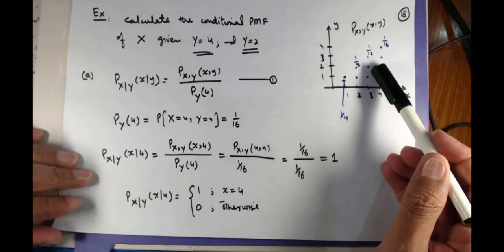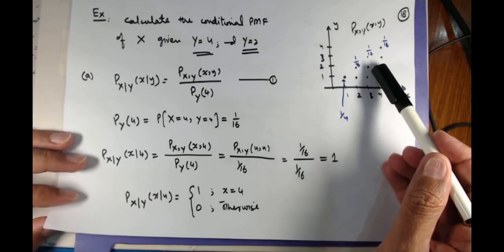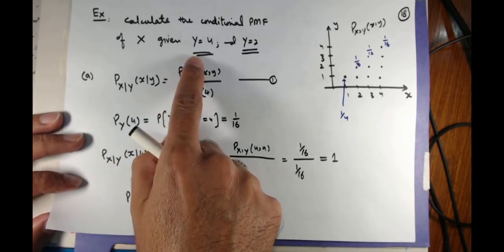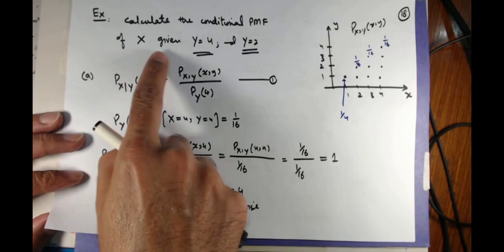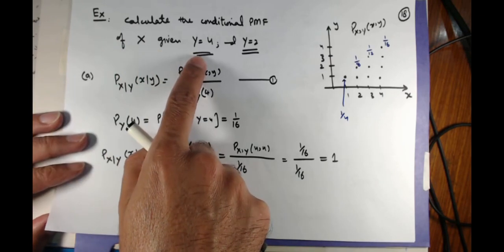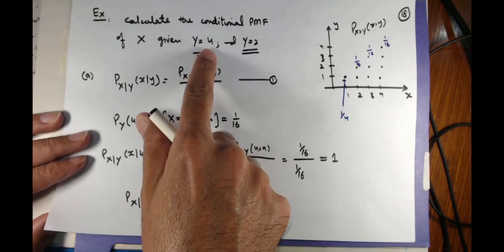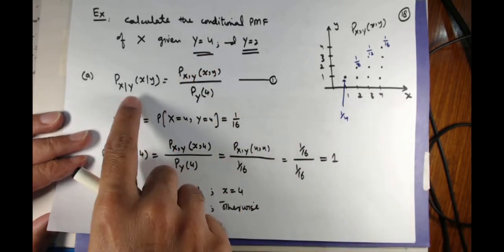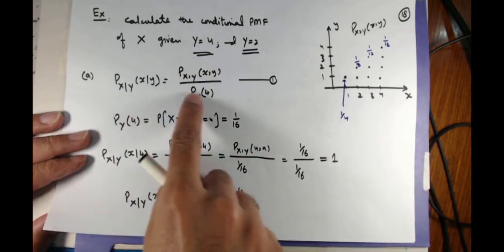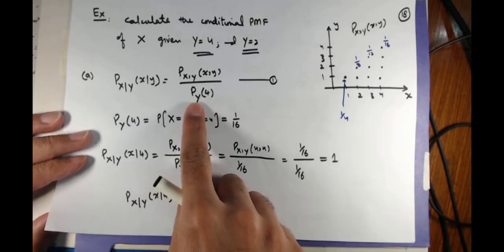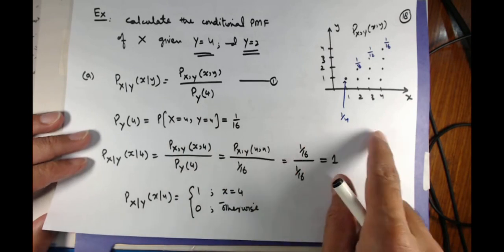Same unconditional two-dimensional distribution, and we have to find the conditional PMF of x, one given y is equal to 4 and another given y is equal to 2. For y is equal to 4, as per this particular formula, we first want to find the probability that y is equal to 4.